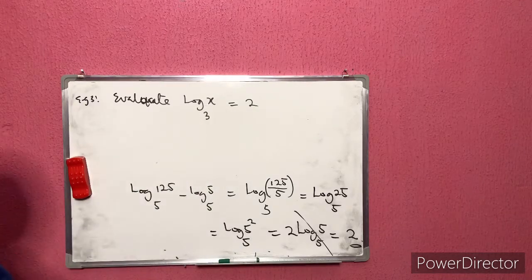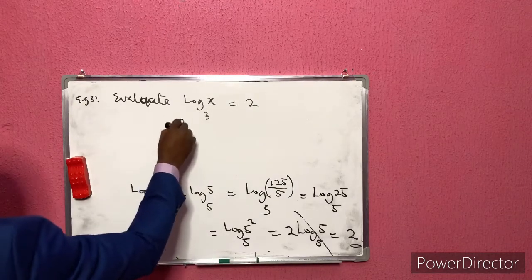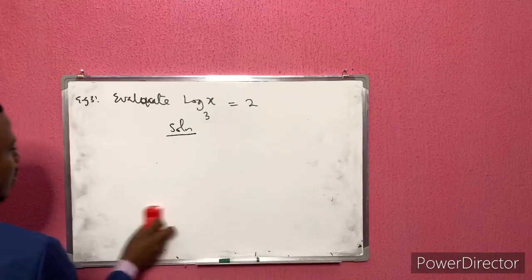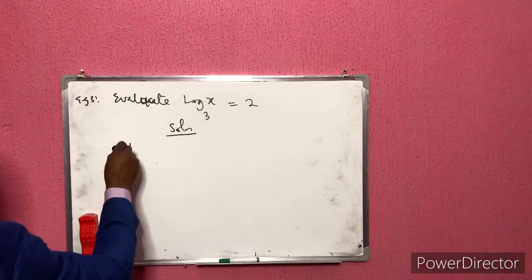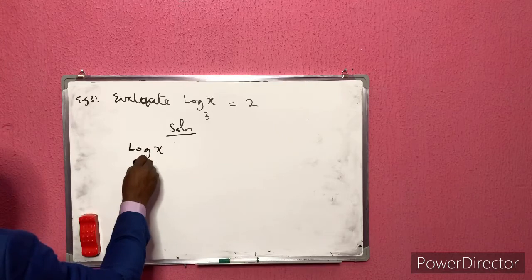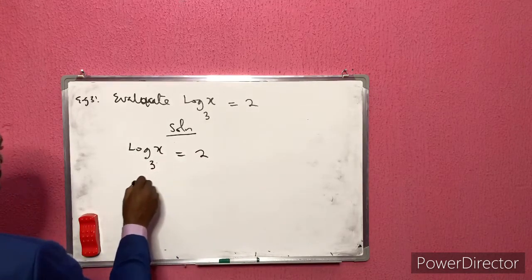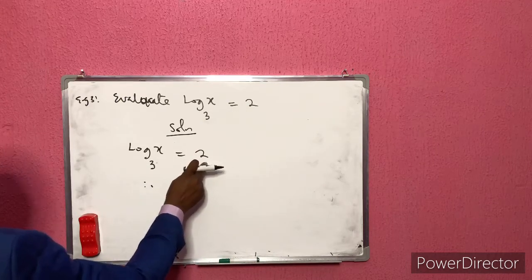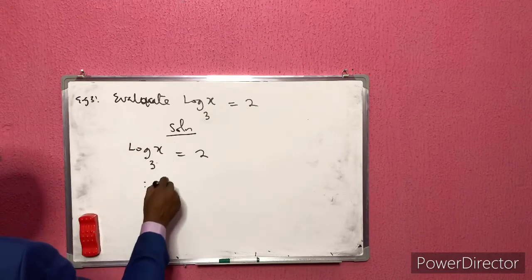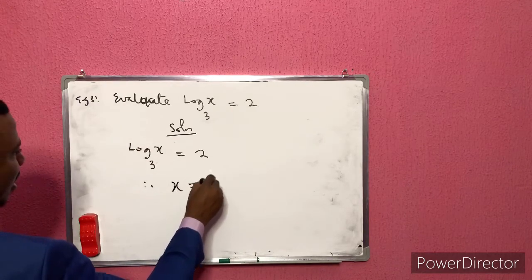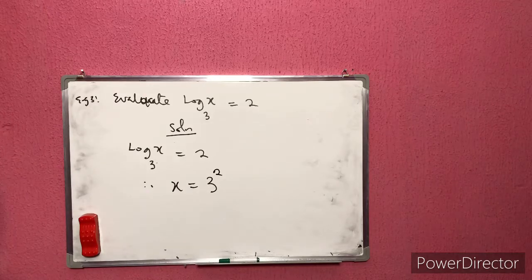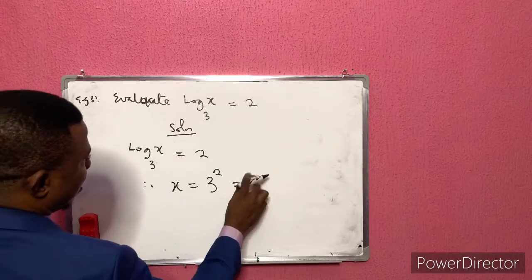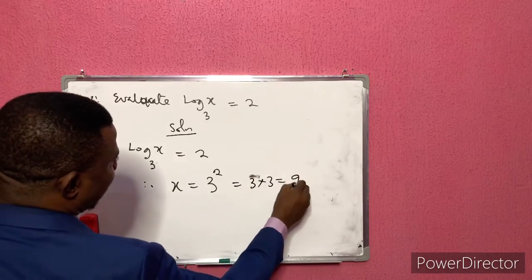Remember what we said. In a case like this, solution. Log x base 3 equals to 2 will give you the 2 will become the power of the base, equals to x. So the x is equals to 3 raised to the power 2. Do not forget, this is the log definition, to give you 3 times 3 to give you 9.